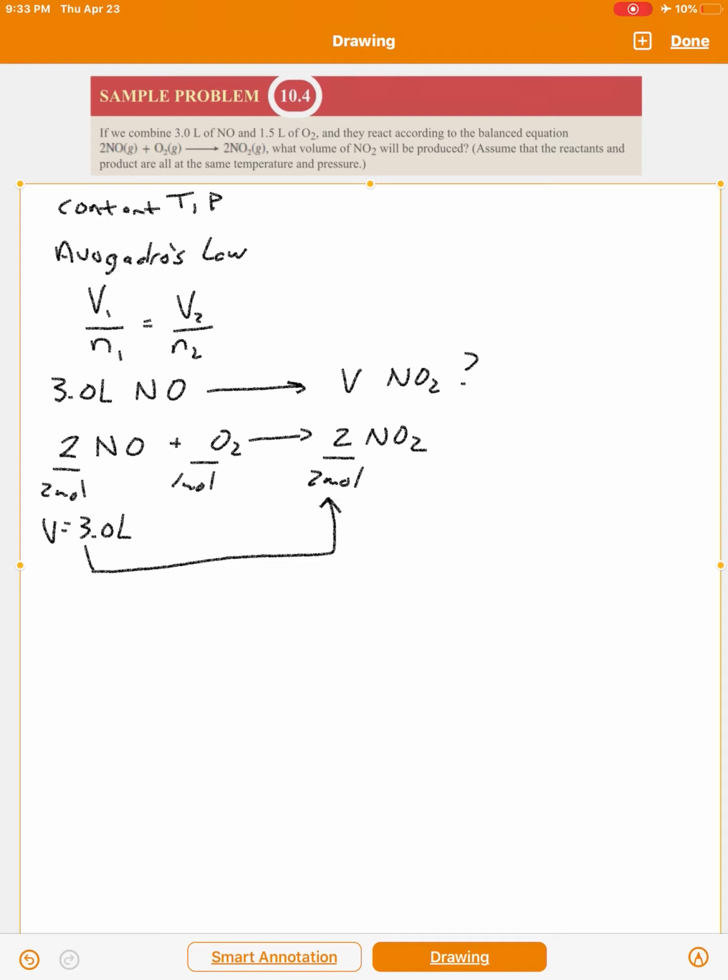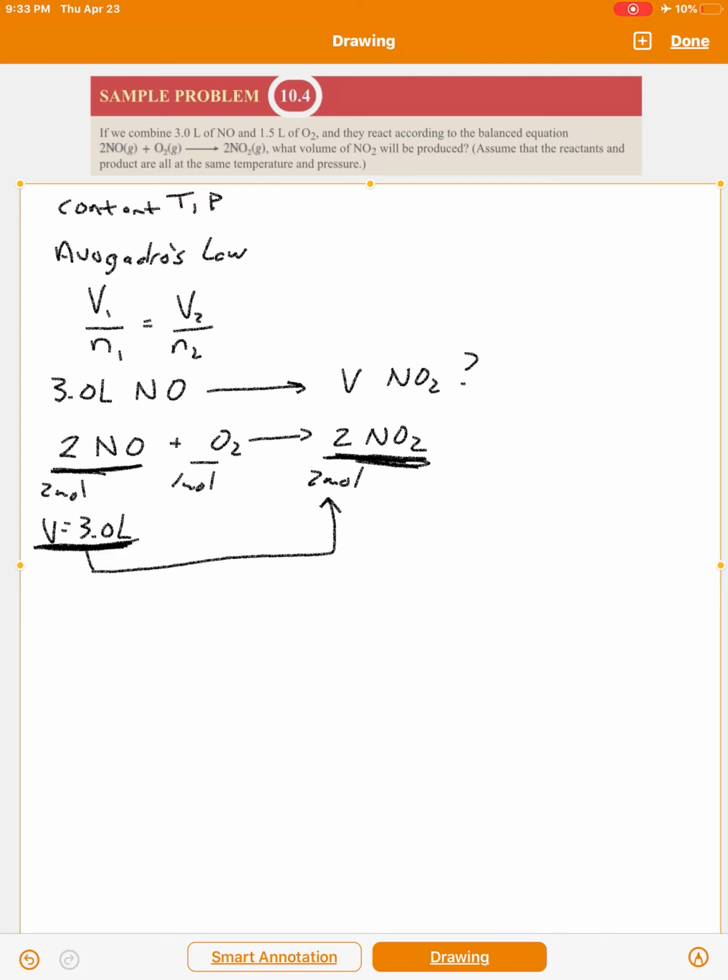And here's how we apply Avogadro's law. If 2 moles of NO has a volume of 3 liters, what would the volume of 2 moles of NO2 be? Well, according to Avogadro's law, the volume is proportional to the number of moles.